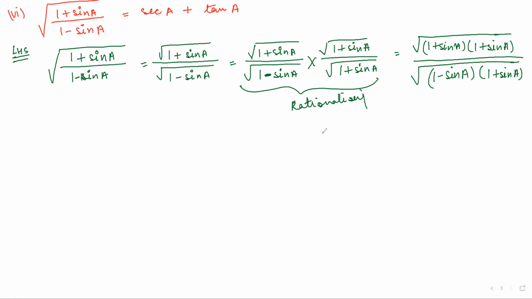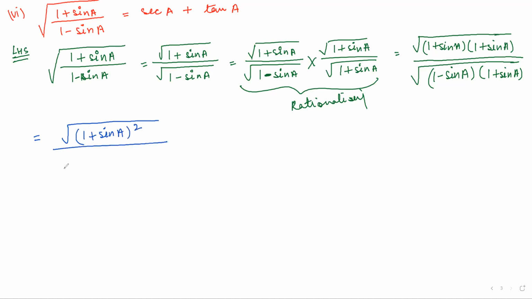Right. Okay. Now look here. I have 1 plus sine A into 1 plus sine A under a square root, so 1 plus sine A will come out, or if I write it like this, 1 plus sine A whole square.